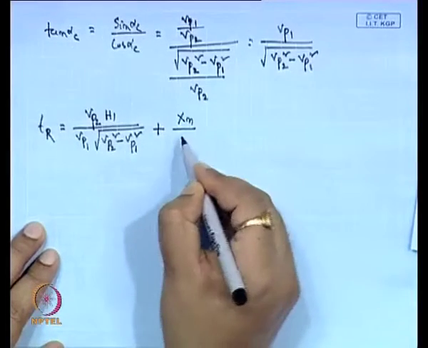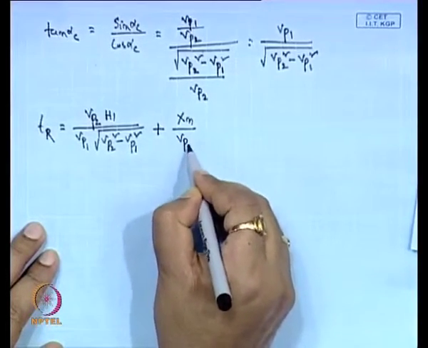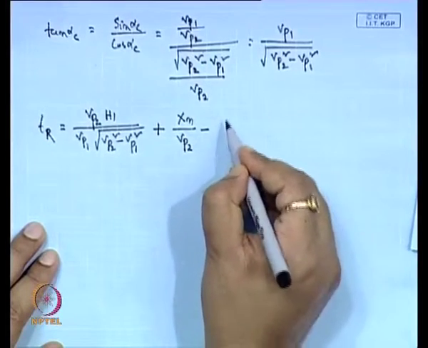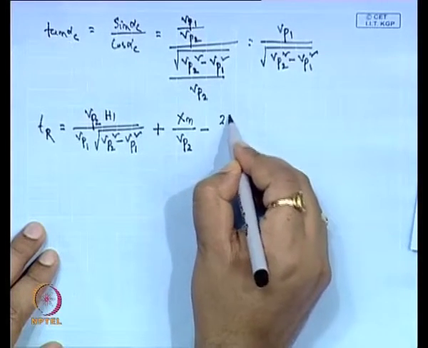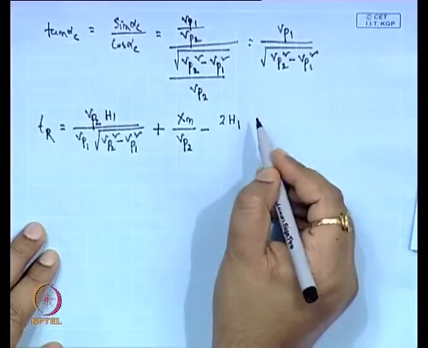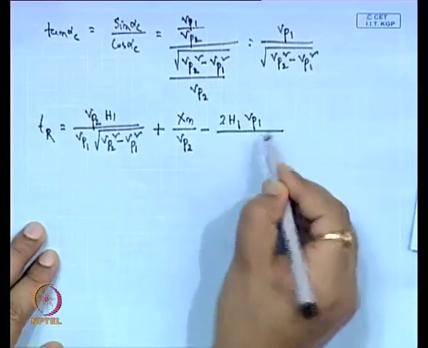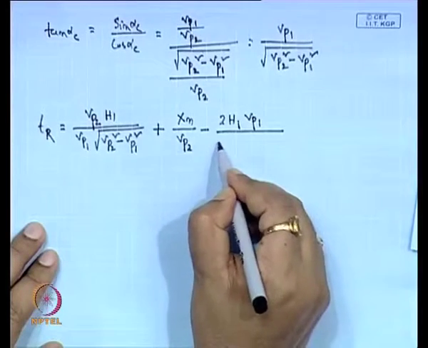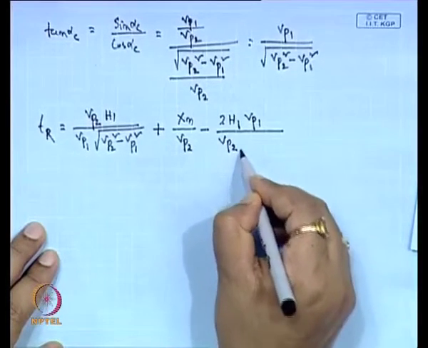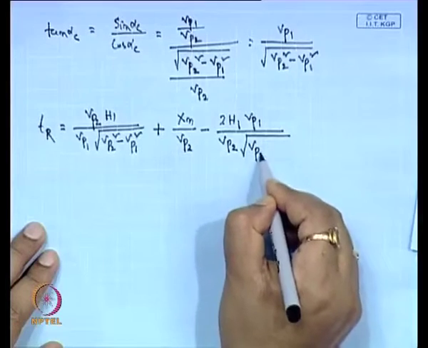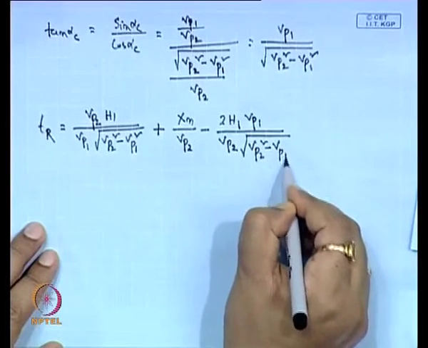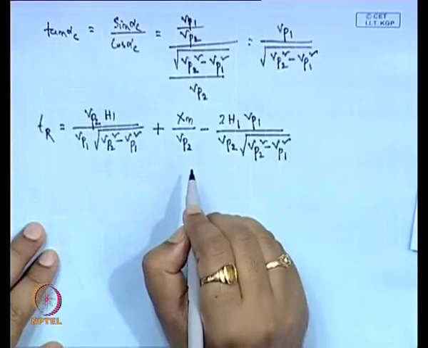So, then plus x n divided by V p 2 minus 2 H 1, you need to write the tan value, that is V p 1 divided by V p 2 root over V p 2 square minus V p 1 square.